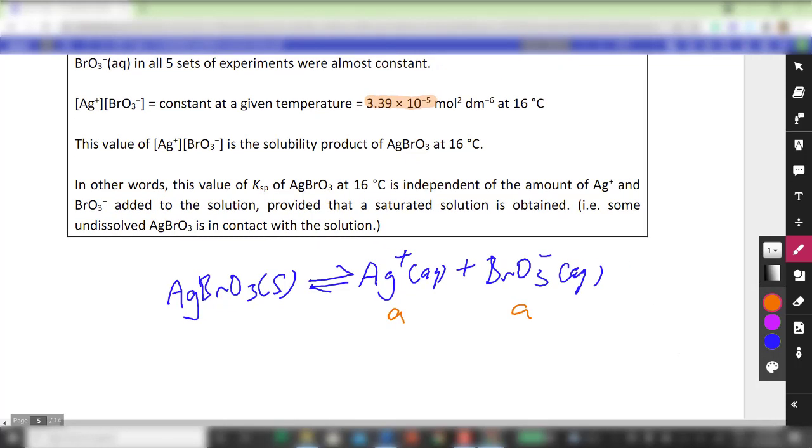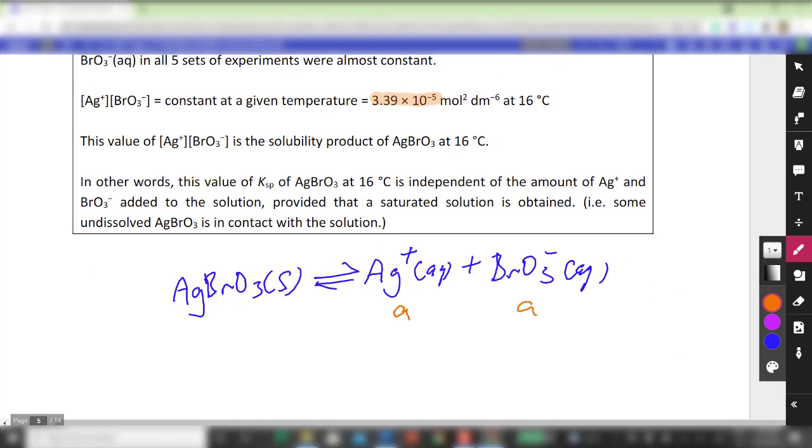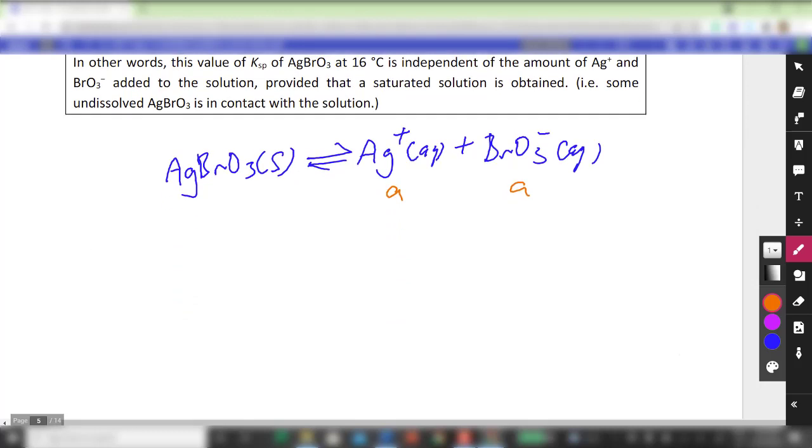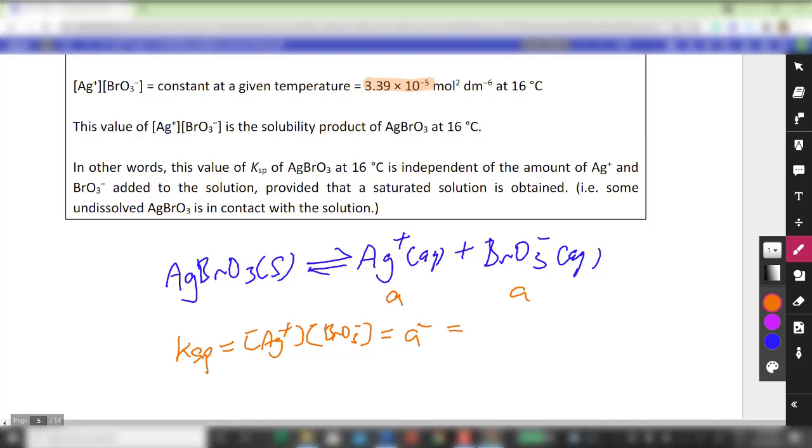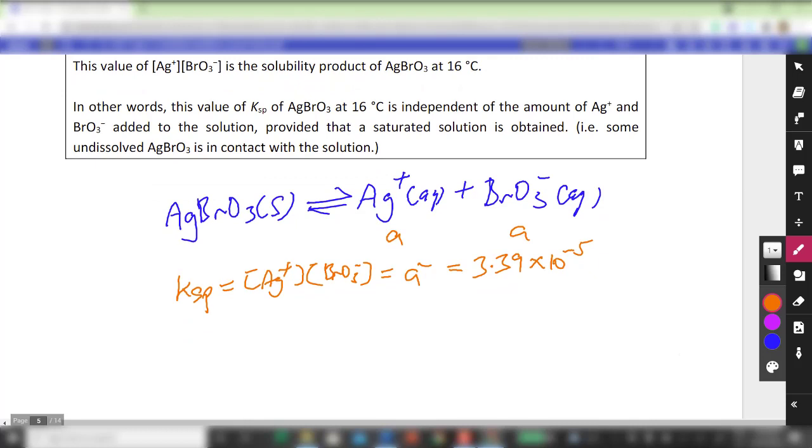I'm not sure whether you agree with me on that. From here, we can easily determine the Ksp to be the concentration of silver ion to the power 1 and the concentration of bromate to the power 1, and this is essentially A squared. And A squared is equal to 3.39 times 10 to the power minus 5. So in order to calculate A, we just take the square root of 3.39 times 10 to the power minus 5.